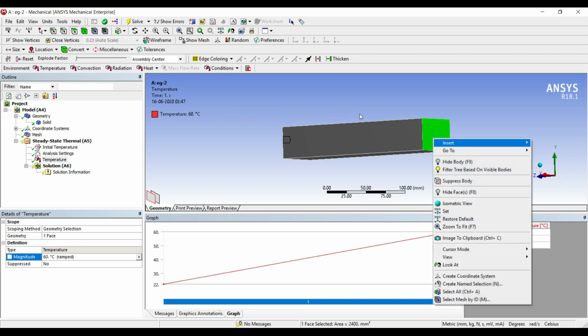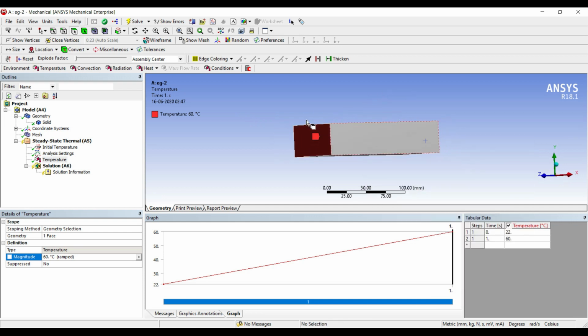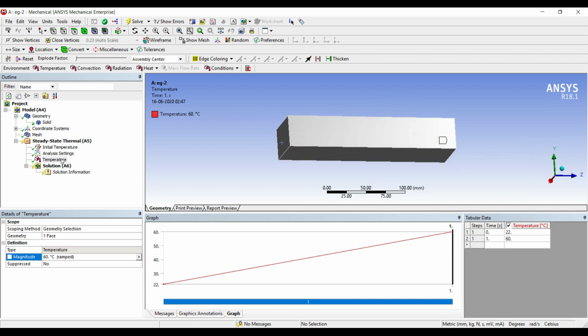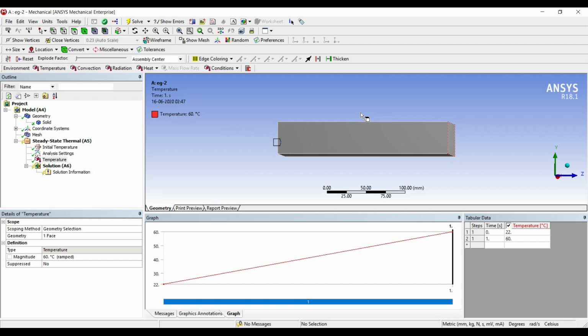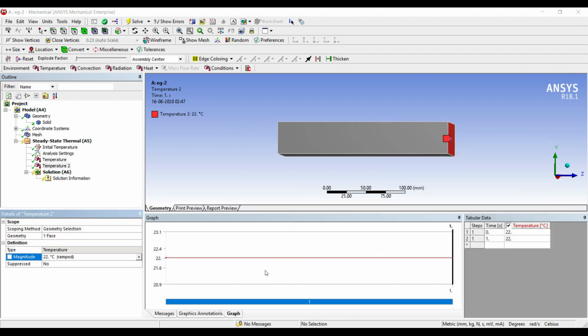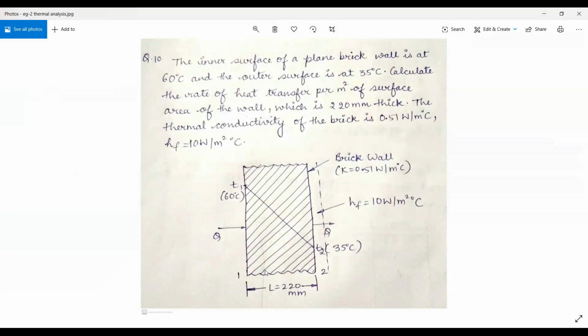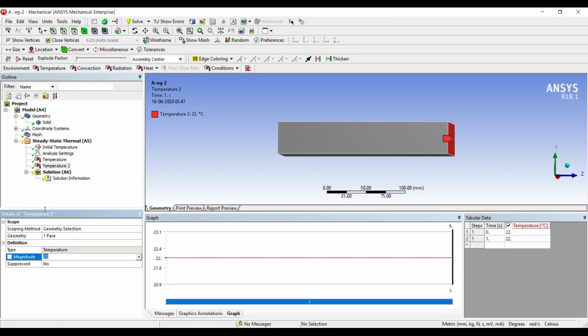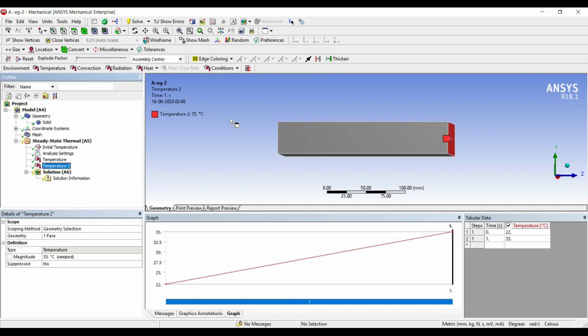The other side, I'll just change the side, 35 degrees Celsius. So this is temperature 1 and temperature 2.